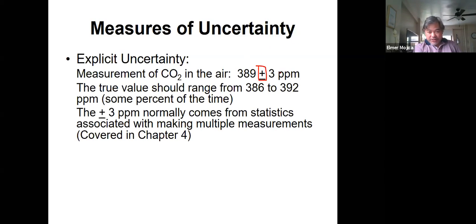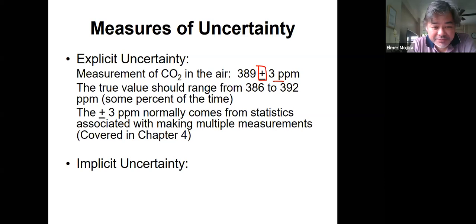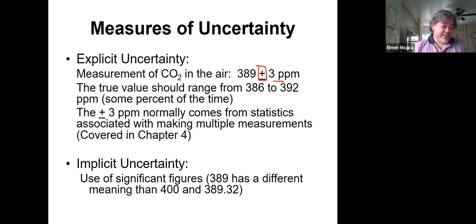So where did you get this plus or minus 3 ppm? If you go to chapter 4, okay, you will see how statistics is used to determine the standard deviation. Or you can have an implicit uncertainty. Let's say the use of the significant figures. So 389 has a different meaning than 400 and 389.32. Okay, so that's the two measures of uncertainty.